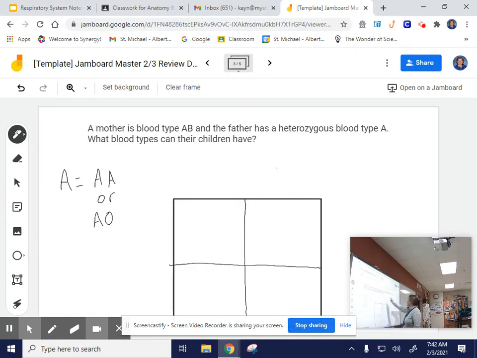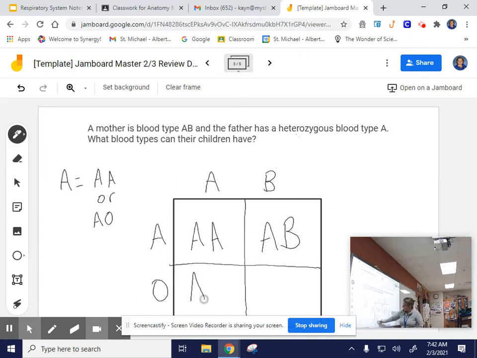So in this case, the father is heterozygous. So mother, AB, father, AO, the hetero. So they have a chance of being AA, or AB, or AO, or BO, which you all know is my favorite blood type, stinky blood type.